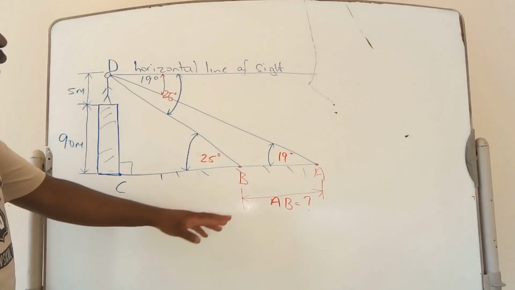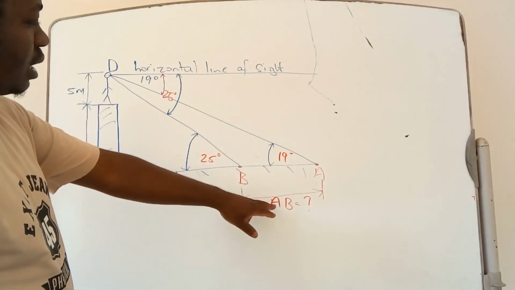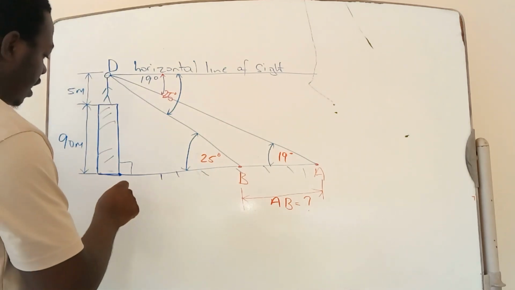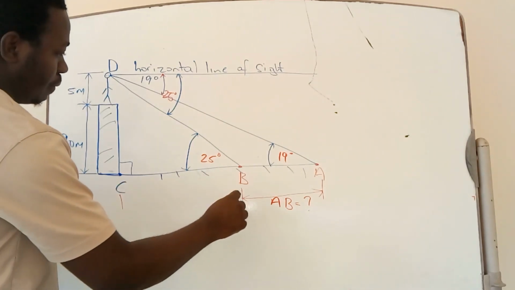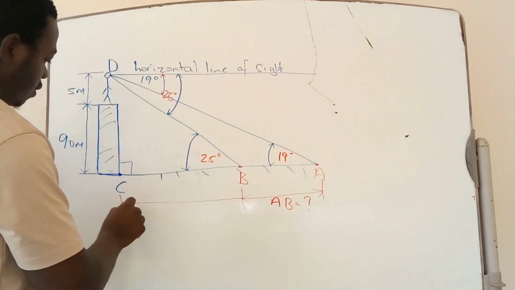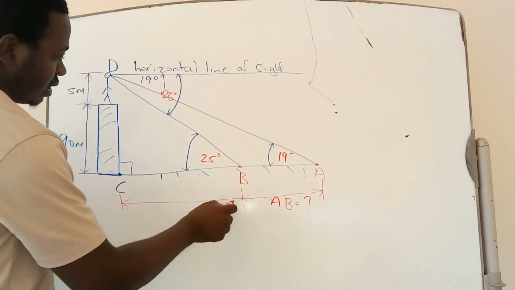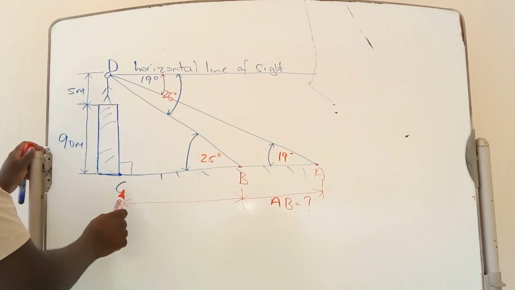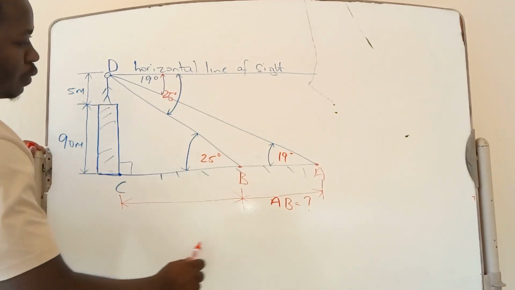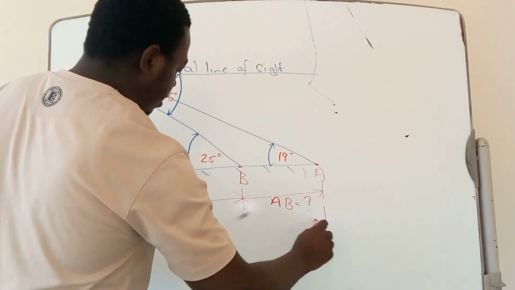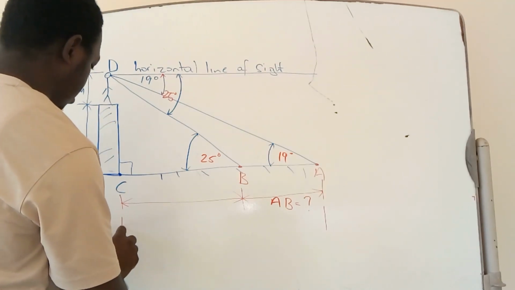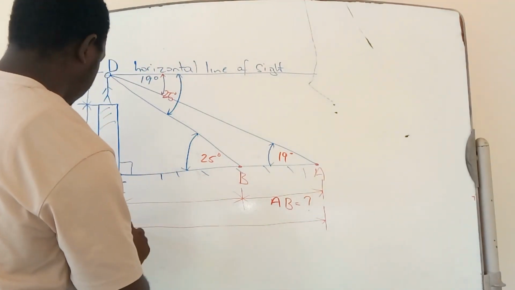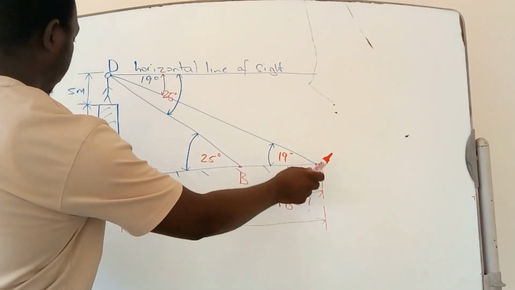So now we want to find AB. It means that we can find this length, which is CB. We have enough information to calculate the length CB, and we also can find the length of AC.